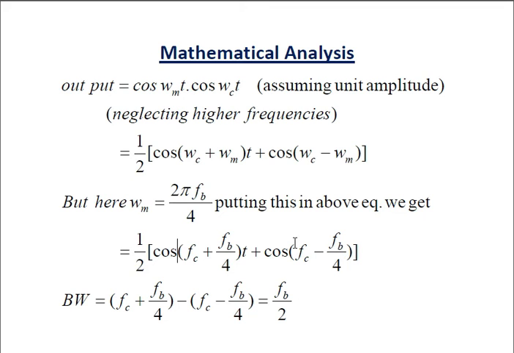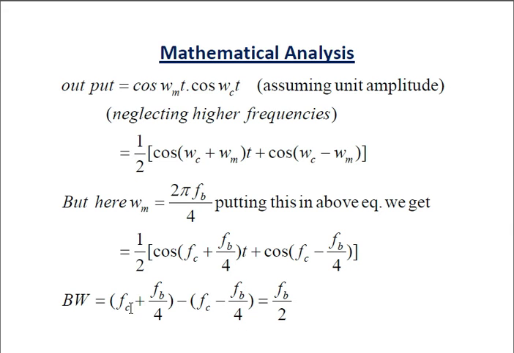So what we do here, we substitute 2π fb/4, the 2 gets cancelled, and this 2π f means here πf. This π will again be a constant, so we have taken it outside the integration. Putting in the above equation we get fc + fb/4 minus fc − fb/4.